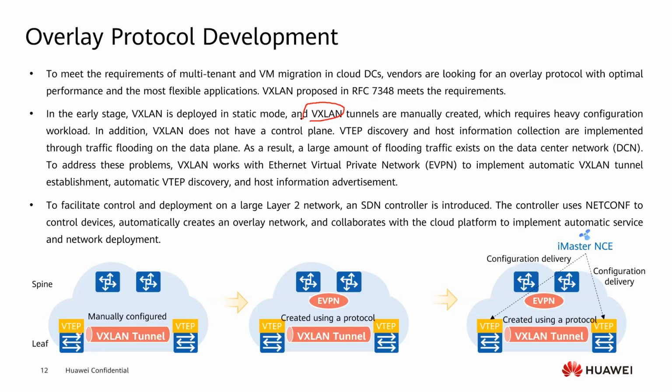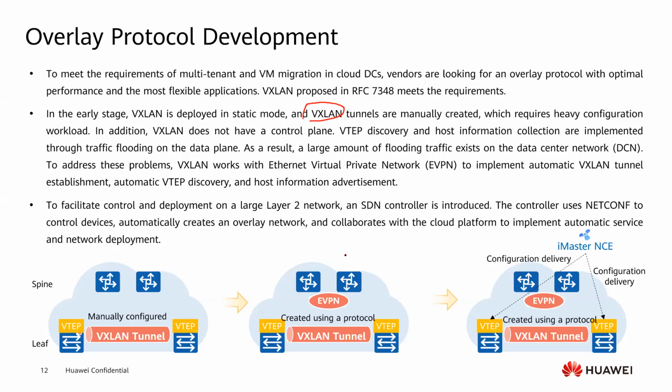For example, for an IPsec VPN, we can build an IPsec tunnel between the IPsec peers. And for VXLAN, we can also build VXLAN tunnels between the VTEPs.